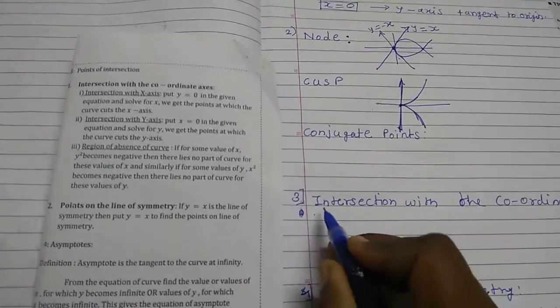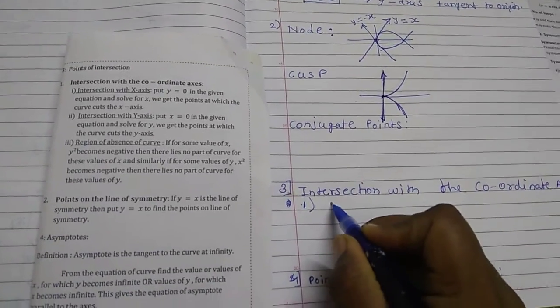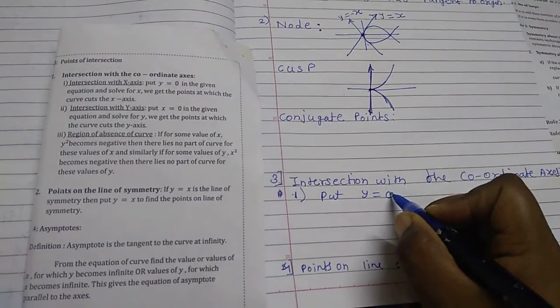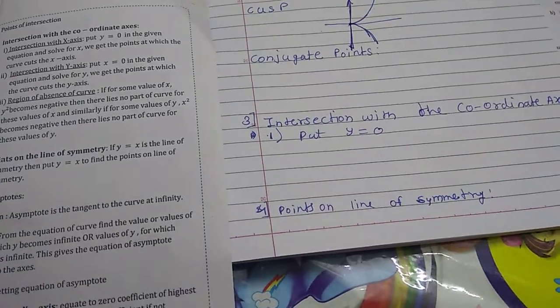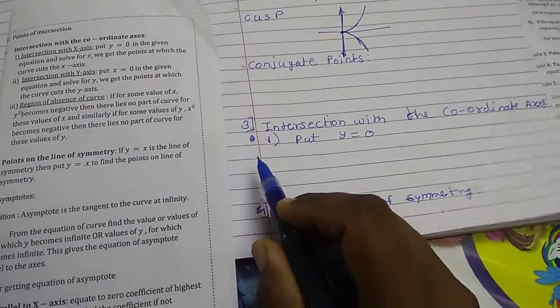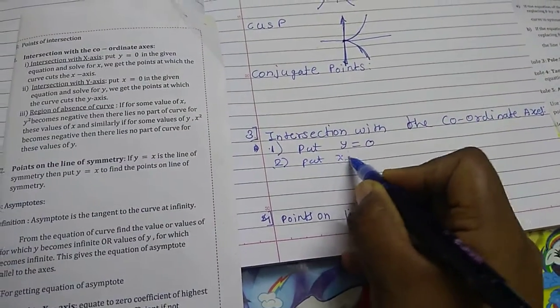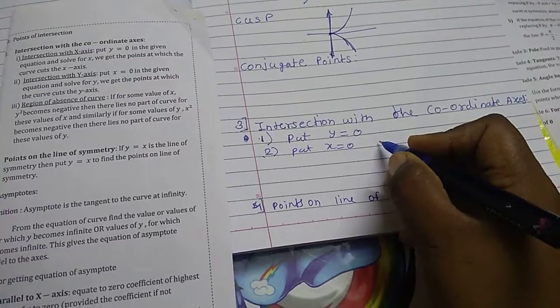Okay. Our next point is intersection with coordinate axis. First, to find intersection with x-axis, put y equals to 0 in the given equation. And to find intersection with y-axis, we will put x equals to 0 and find coordinates.